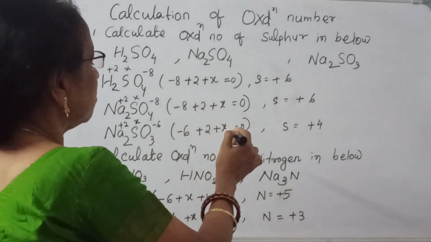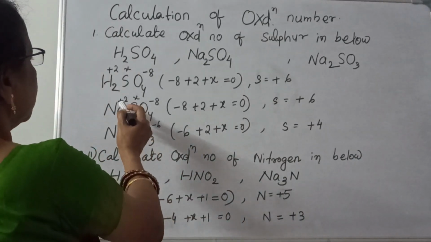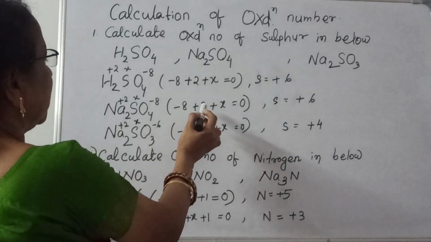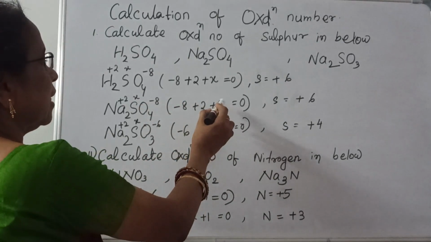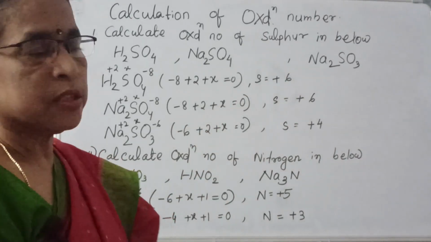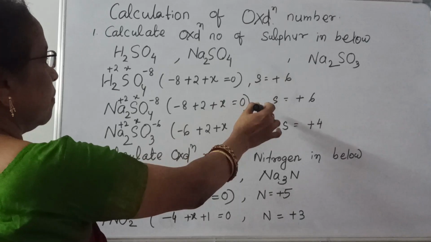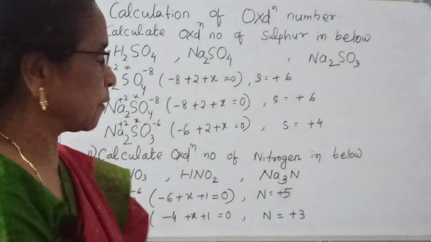According to the rule, the sum of the oxidation numbers equals 0. So plus 2 minus 8 plus x equal to 0. So what is the value of x? That is equal to plus 6, and x means sulfur. So the oxidation number of sulfur in sodium sulfate is plus 6.